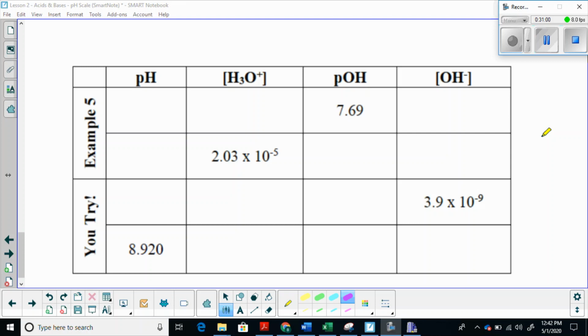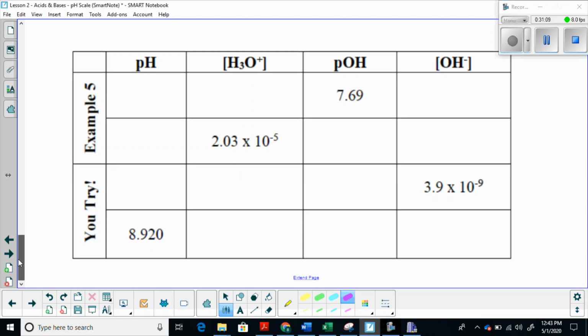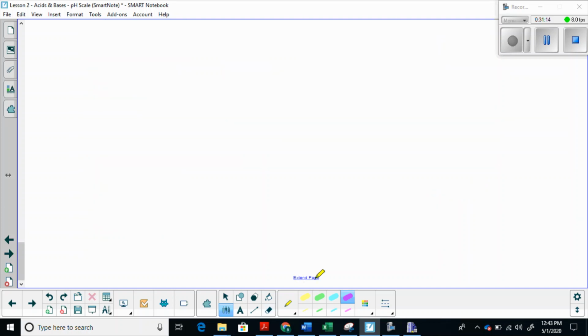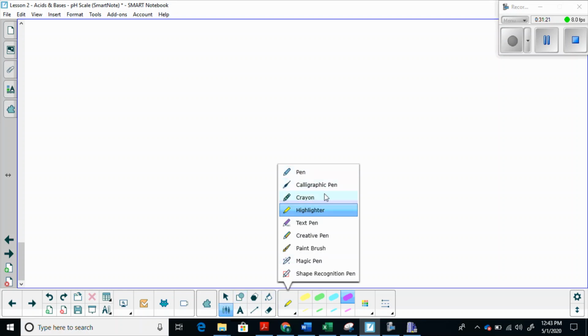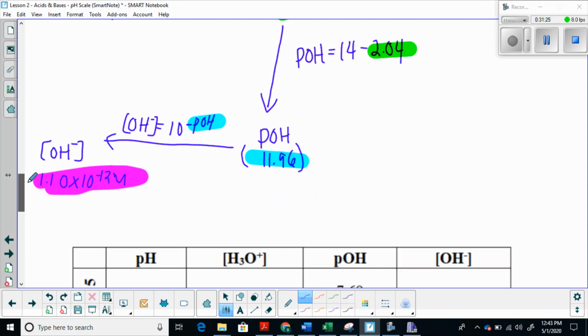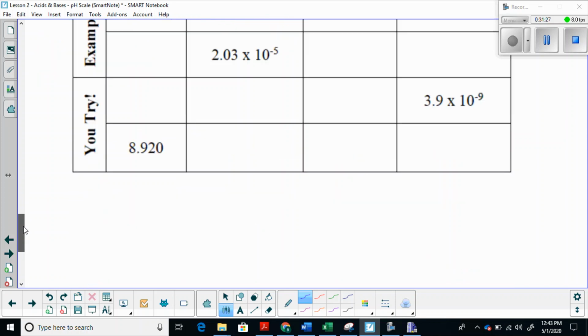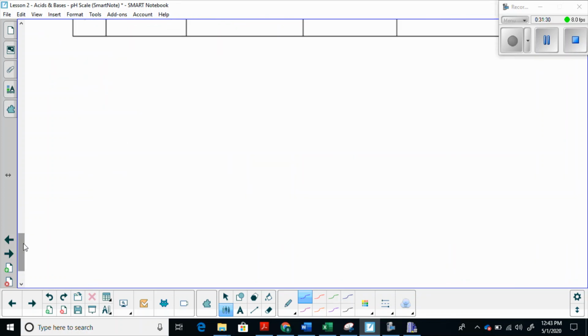Okay, here I have a table for you. I'm going to do the first one with you using this pOH, and then the rest I will fill in and you guys can check your answer. So let's extend the page. Okay, so the first section of that table said that the pOH was 7.69.